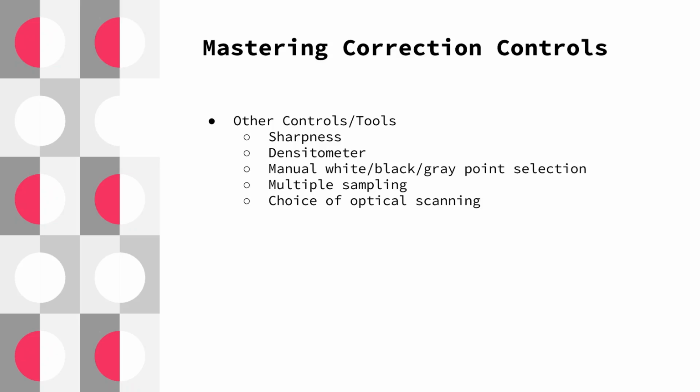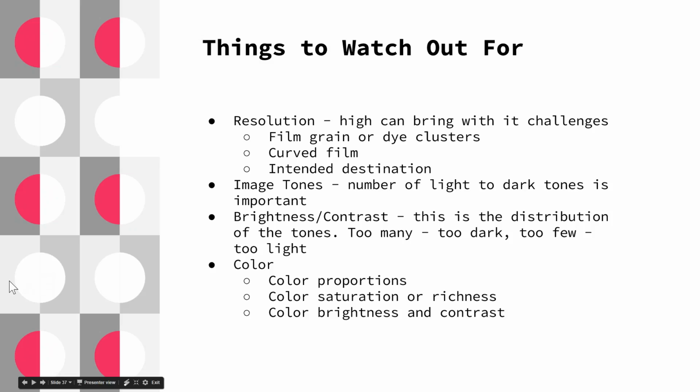It'd be the same optical setting, but a little different focus. And then finally, that's the top of the optical scanning. Multiple sampling is when we scan the image multiple times in order to meet the dynamic range across the digital representation for those slides, because they have such a wide dynamic range.